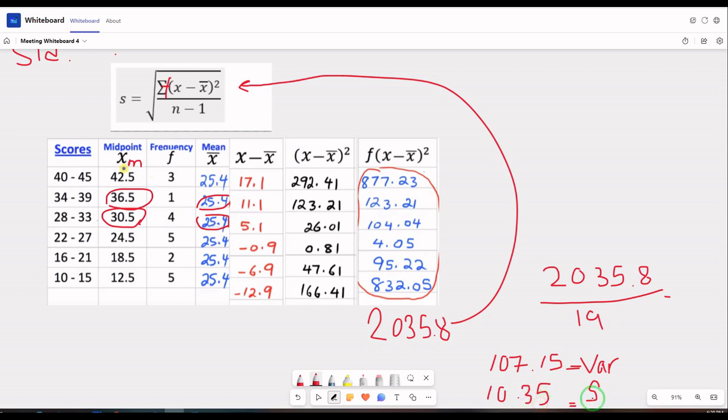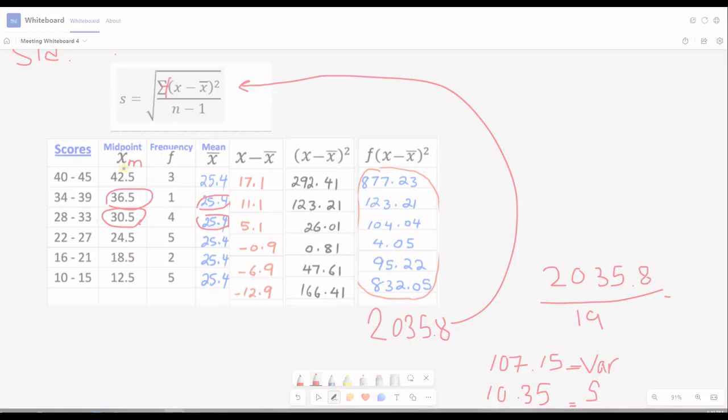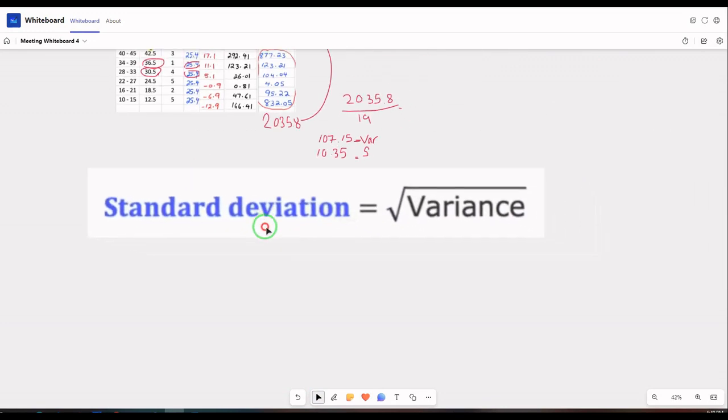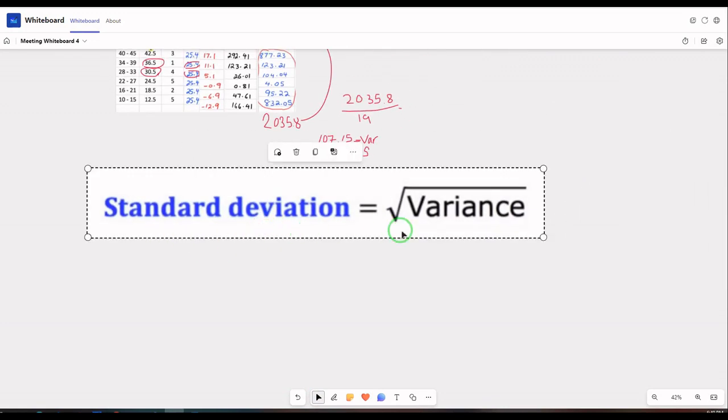And remember guys, a standard deviation is always a positive value. That's very important. And I will again write down this one as a side note for you, the relationship between how variance and standard deviation are related to one another. Standard deviation is the square root of the variance. This is how you can calculate it. It's very important.